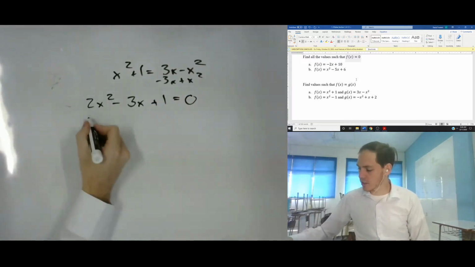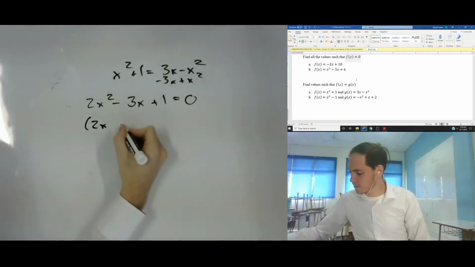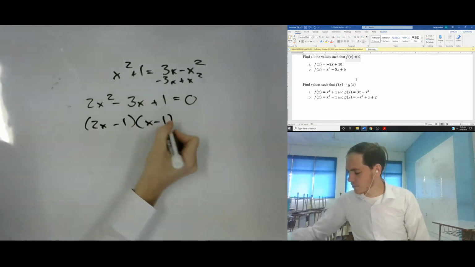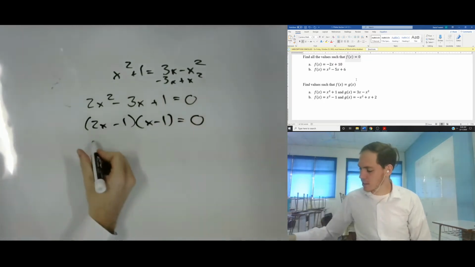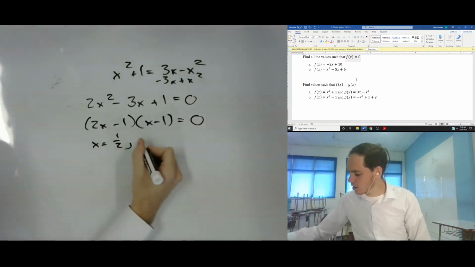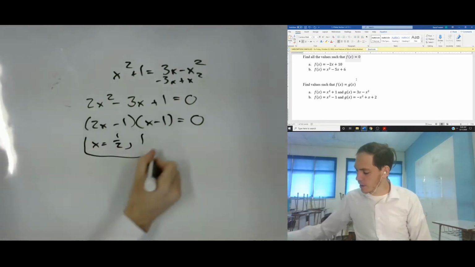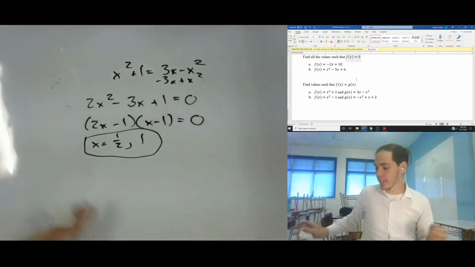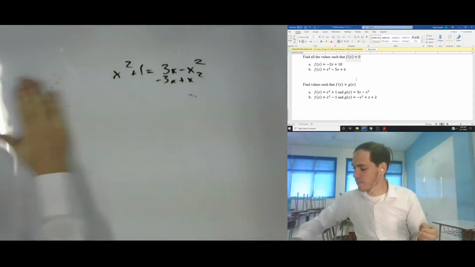So if we were to factor this, we would get 2x minus 1 and x minus 1. Okay, and if you do the math, you get x equals 1/2 or x equals 1. Okay, and you can do part B, same kind of idea. Part A is that, part B is similar, same idea, same concept.